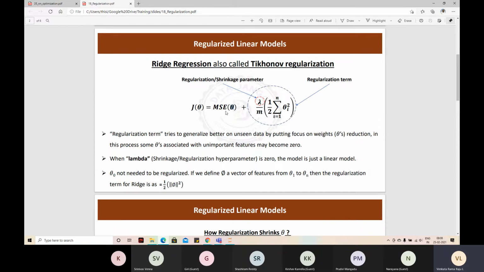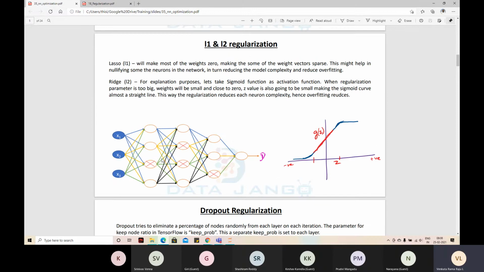When you apply regularization on these outcomes of the nodes, you are not only constraining the weights, you are actually constraining the outputs of the nodes also.